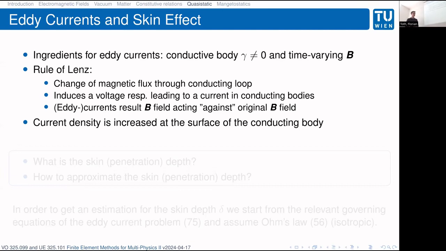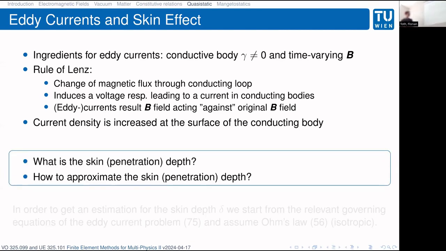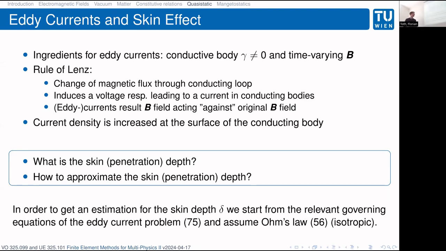And when you have alternating currents, you will see that the current density that is introduced actually likes to concentrate at the boundaries of a conductor, and this concentration gets larger the larger the frequency gets.